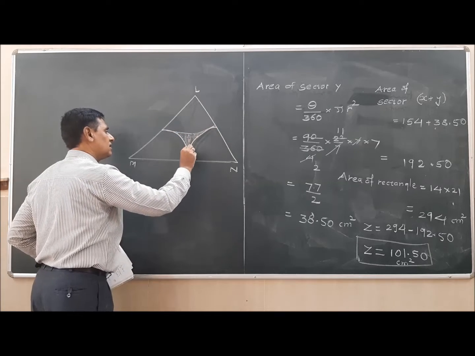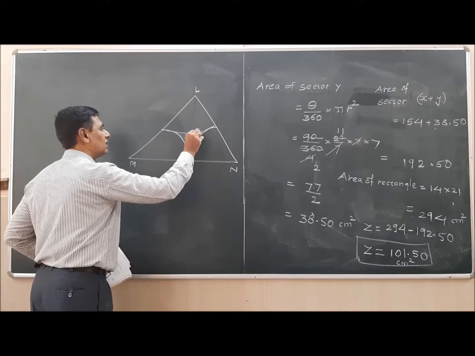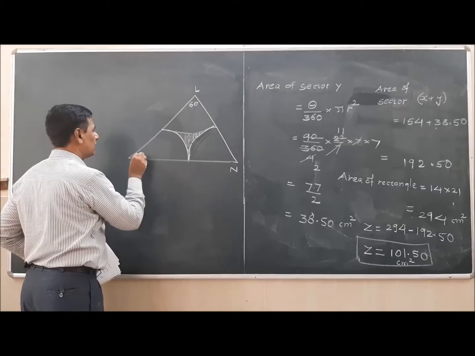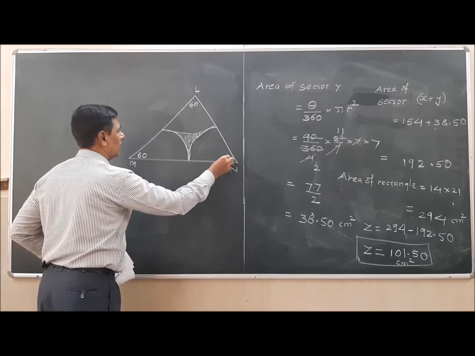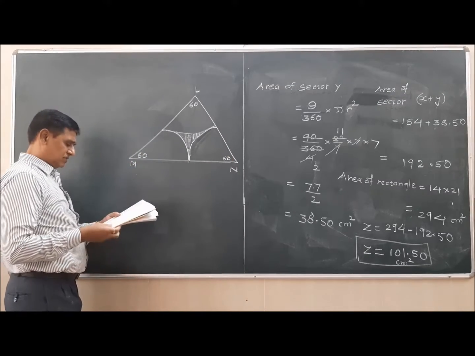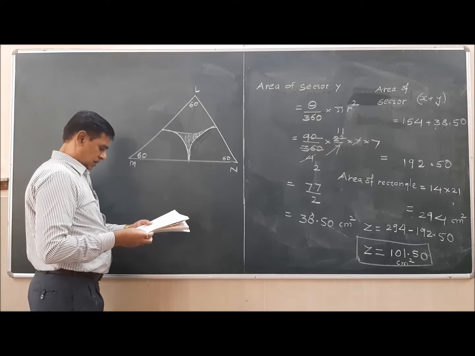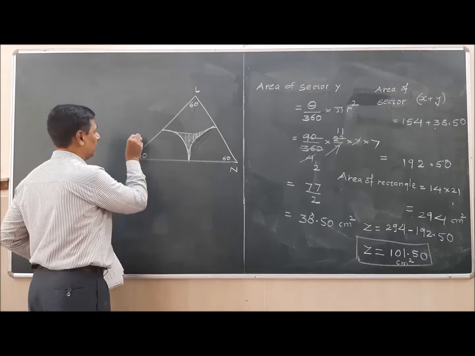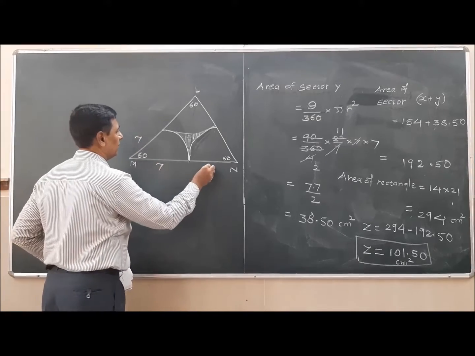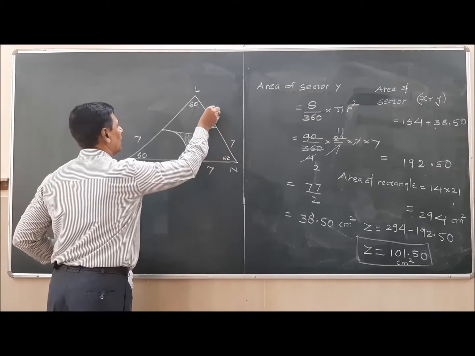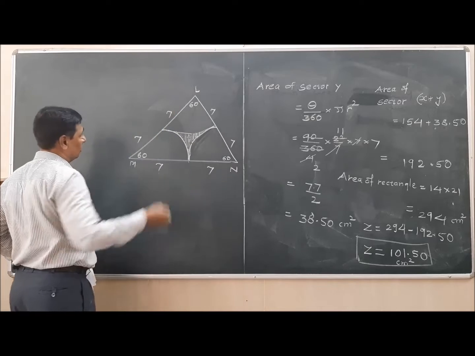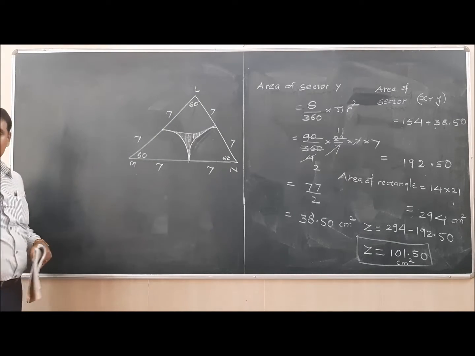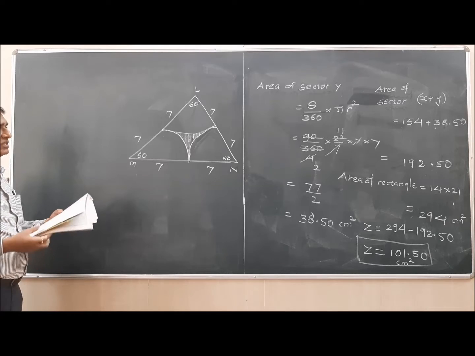The reason being that you will find each angle is of 60 degree, as well as you will find radius of each sector is 7, but total length or side of equilateral triangle LMN is 14 centimeter.